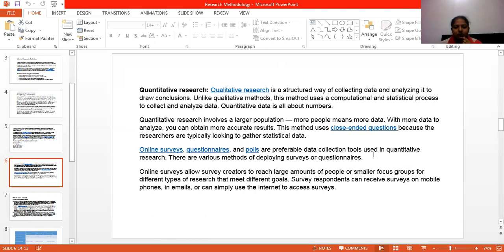Online surveys allow survey creators to reach a large number of people or a smaller focus group, or for different types of research that meet different goals. Survey respondents can receive surveys on mobile phones, in email, or can simply use the internet to access the survey.